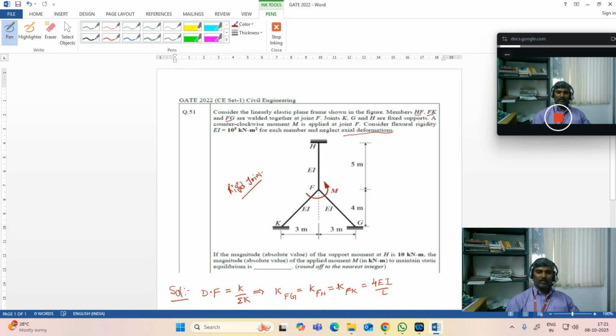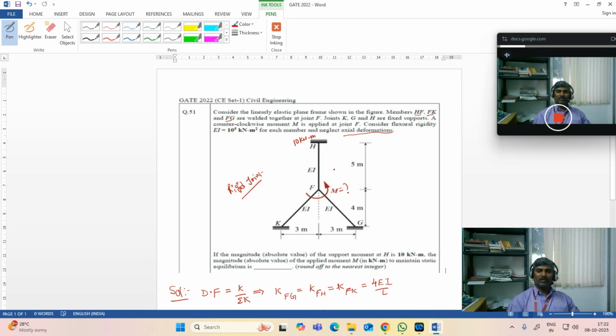If the magnitude of the support moment at H is 10 kilonewton meter, the magnitude of the applied moment M to maintain static equilibrium is, what is this M value? That's the question.